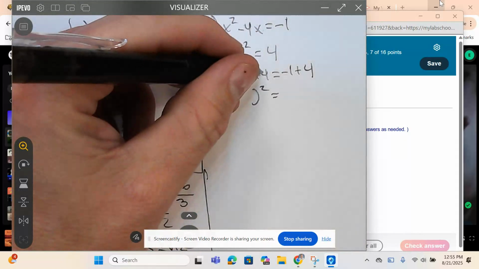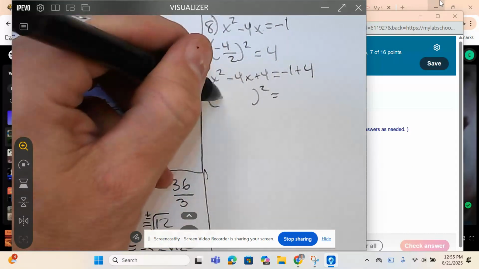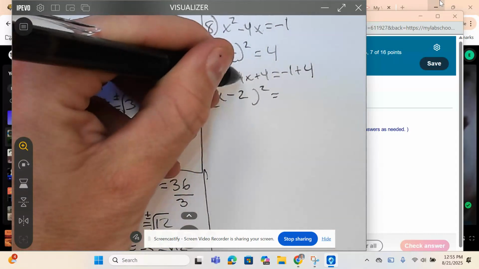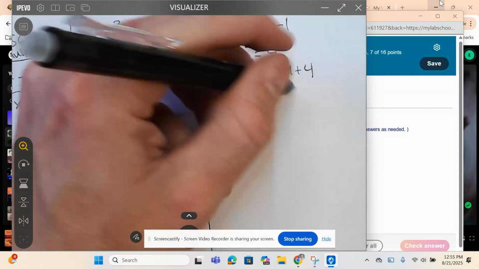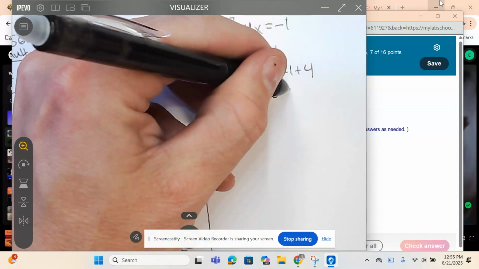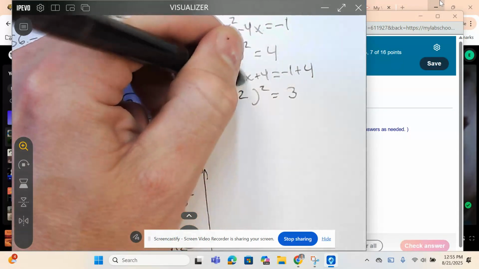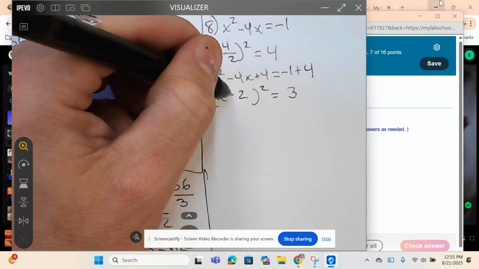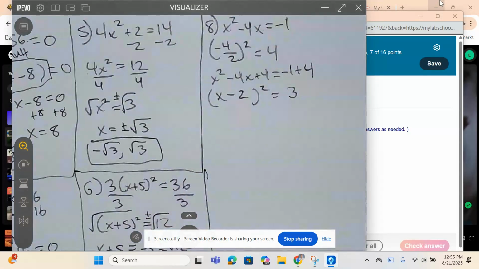Now, what multiplies to 4 and adds to negative 4? Negative 2, negative 2. Just take b divided by 2. Negative 1 plus 4 is 3. So it's just b divided by 2 here. So it should be minus your b divided by 2.